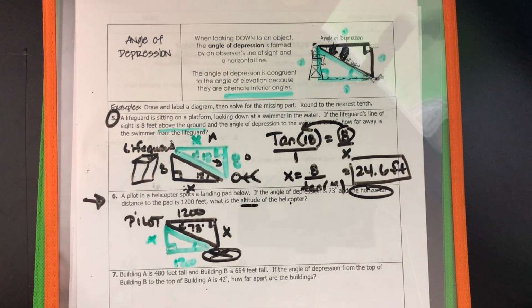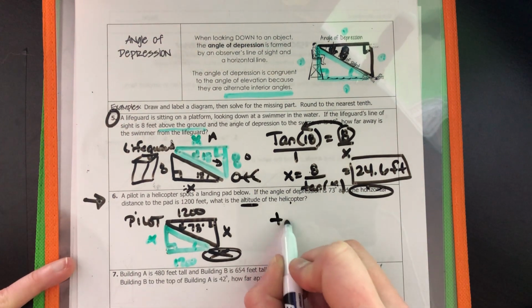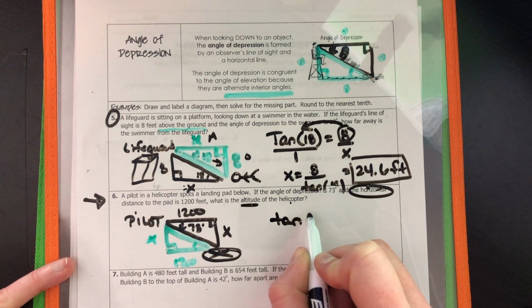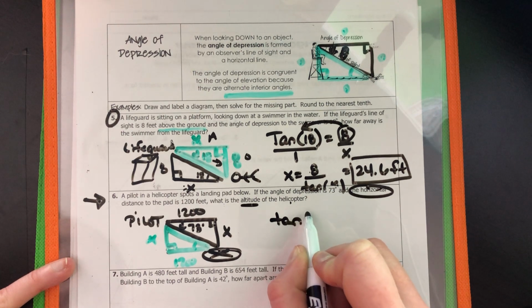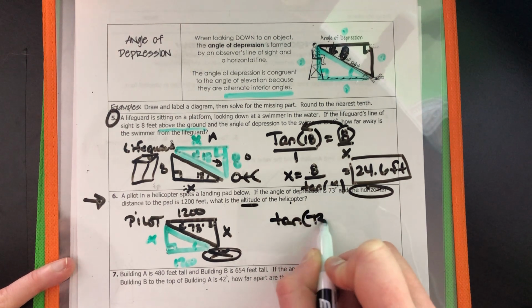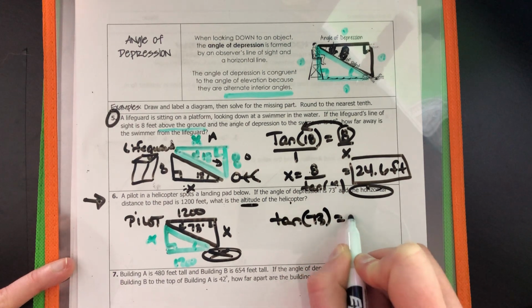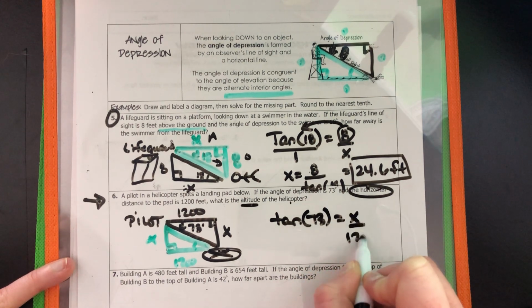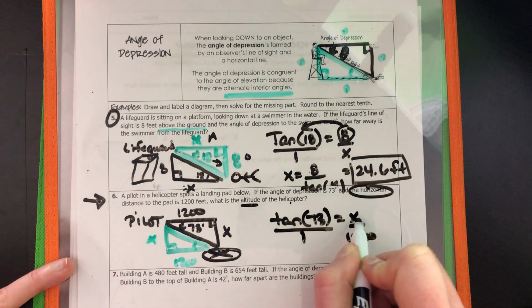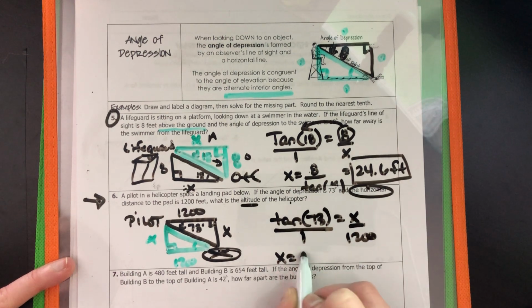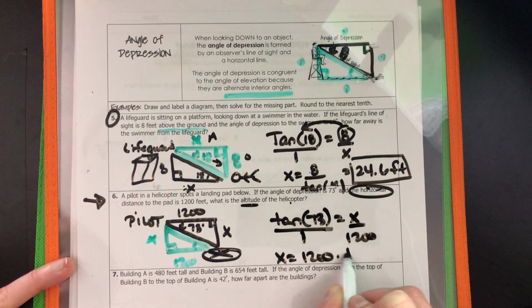All right, so once you do the math, it is tangent of 73, opposite is X, adjacent's 1,200. X is on top, so you multiply them together.